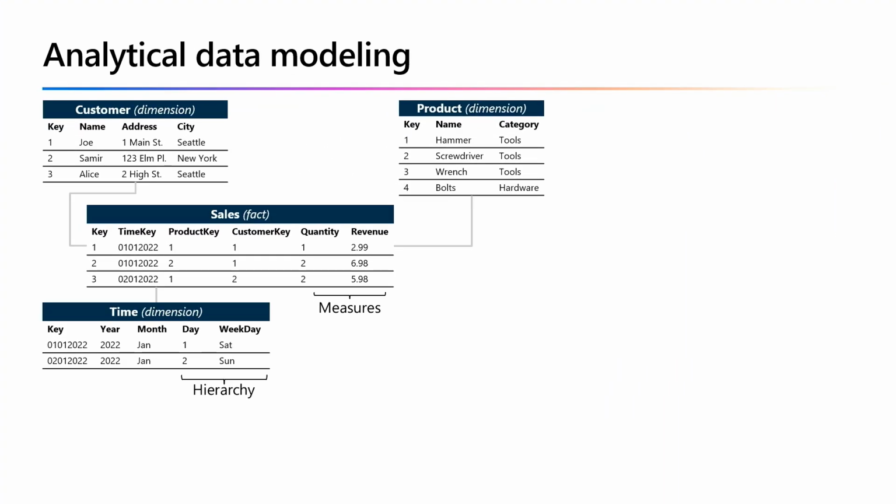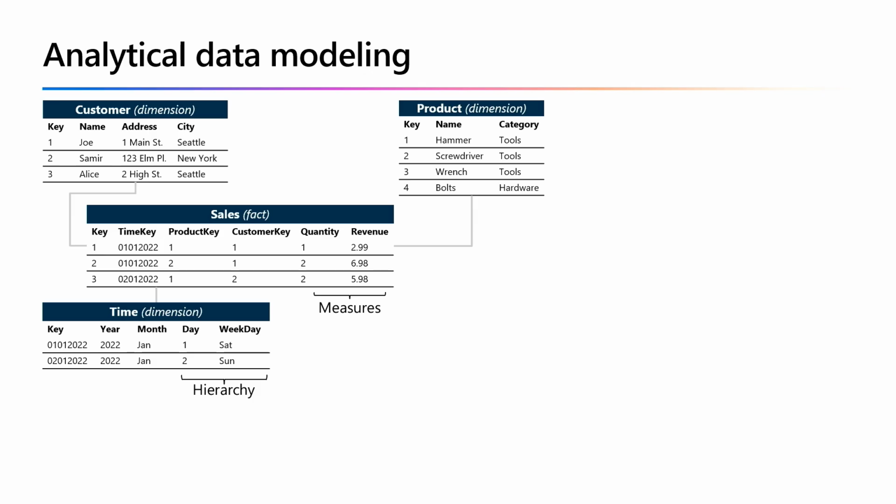These models are made up of related tables of data where we define the numerical values we want to analyze, called measures, and the entities we use to break down those measures, known as dimensions. Let's imagine an analytical model that includes a table with sales-related measures, like revenue or quantity sold, and dimensions such as products, customers, or time.